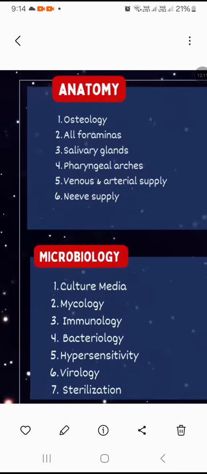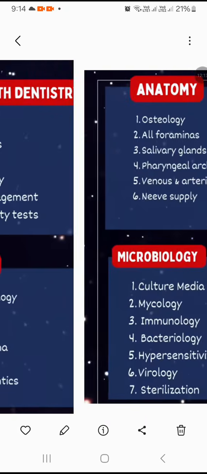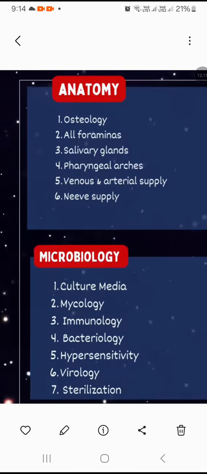Then coming to anatomy. As I said, osteology, all foramina and salivary glands are important. When you study the salivary glands, also look into the oral pathology textbook for the lesions coming in the salivary glands. If you have so many confusions, look into our lecture.